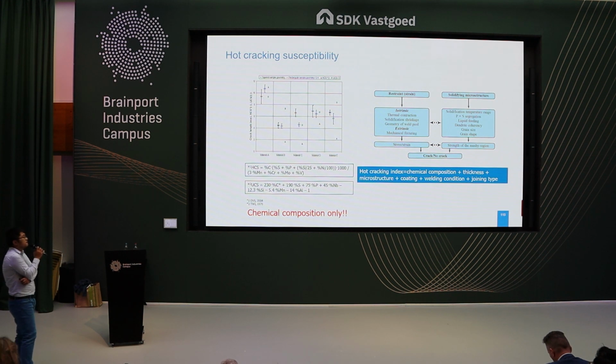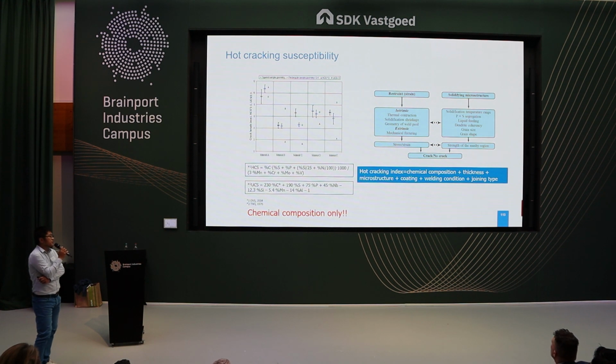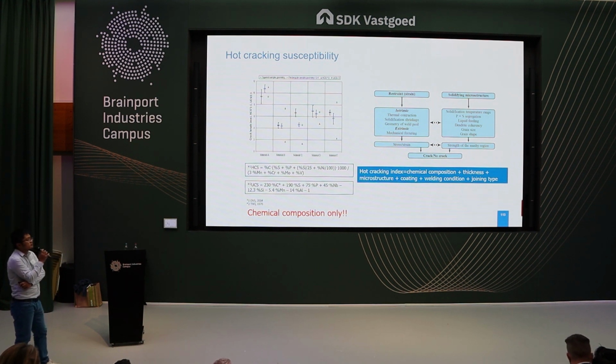Therefore, a more meaningful hot cracking index should be based not only on chemical composition, but also on thickness from the rolling process, microstructure from the heat treatment process, coating from the galvanizing process, and the local welding and joining condition. All this information is very difficult to obtain from an experiment. That's why we need the help of a model.